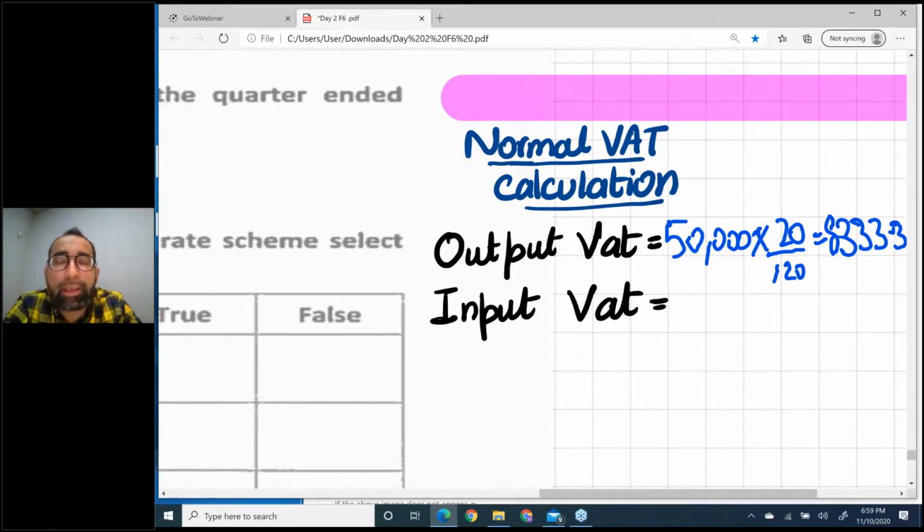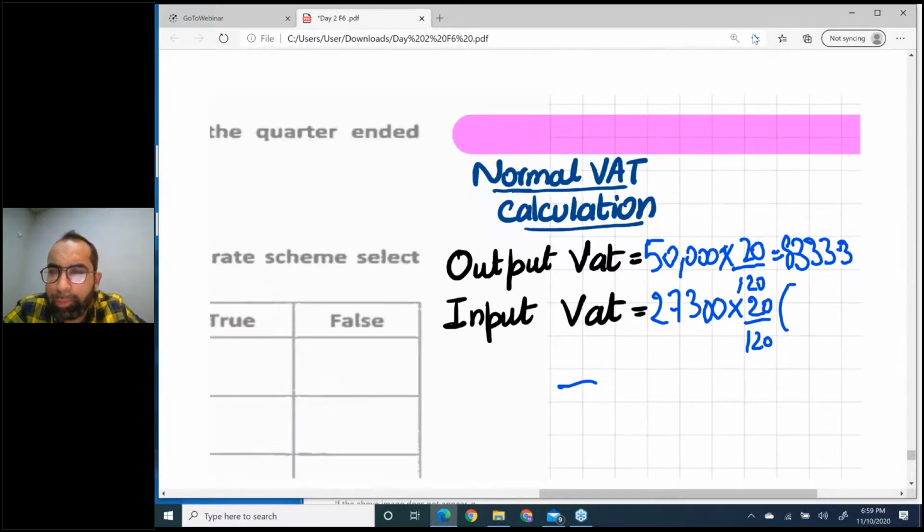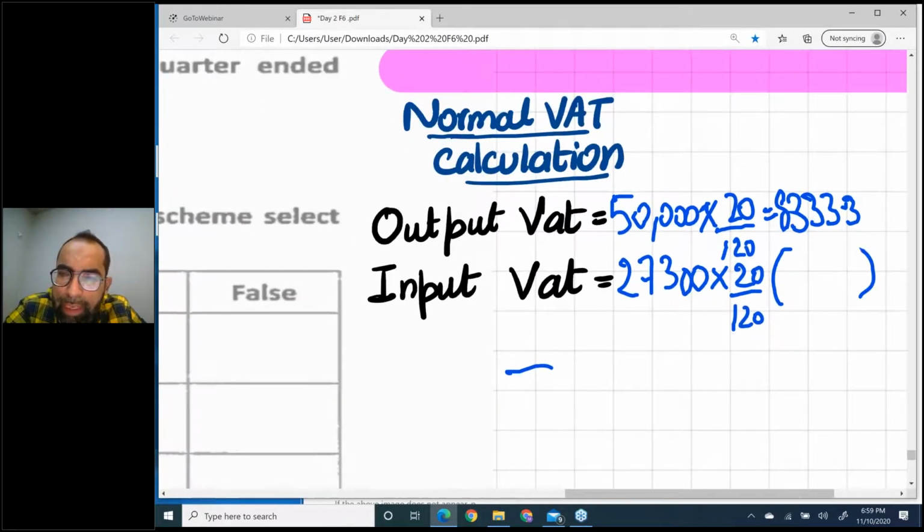So 27,300 multiplied by 20 upon 120. This is the amount of input VAT we are going to claim. 27,300 divided by 6 is 4,550.